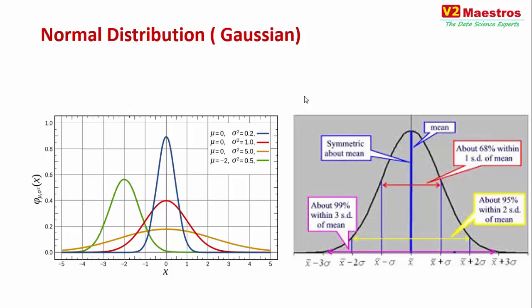So you plot the values on a chart, and the data takes what is called a normally looking curve. What is a normally looking curve? Let's look at the right side chart. A normally looking curve is typically symmetric about the mean, which means you take the mean, which is the middle bar.